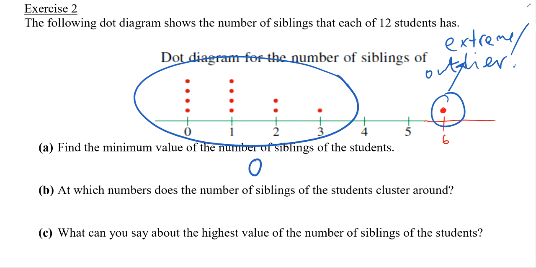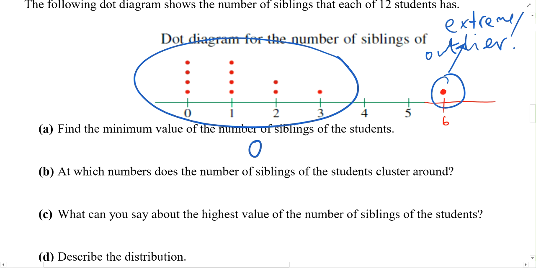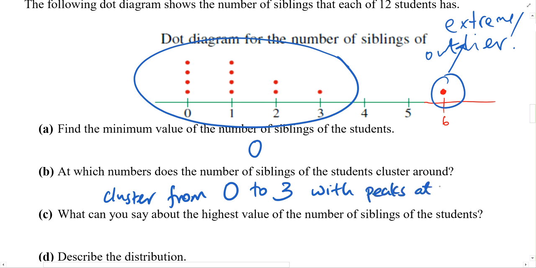Okay, let's come back to this. So, the class, they cluster around from 0 to 3 with, can I say, a peak? With peaks at 0 and 1.